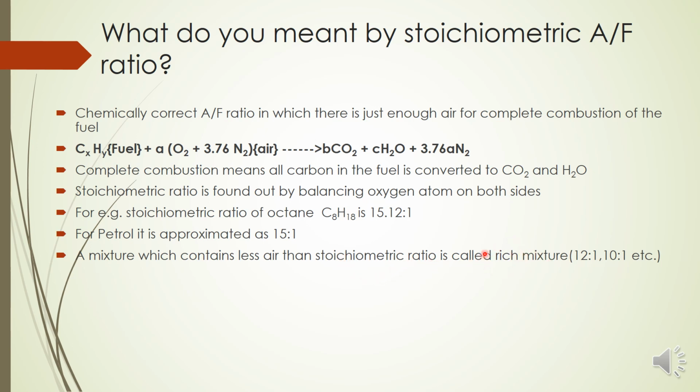That means fuel is more, air is less than the stoichiometric ratio. For petrol, a rich mixture will be, for example, 12:1 or 10:1. If you have 12 kilograms of air for 1 kilogram of petrol, it is a rich mixture. Similarly, if you have 10 kilograms of air for 1 kilogram of petrol, it is a rich mixture.